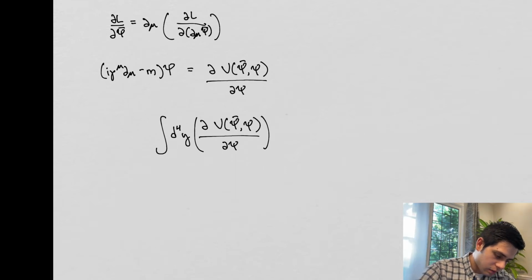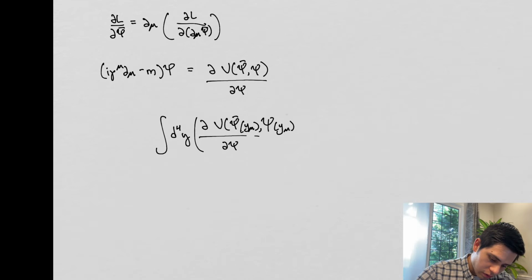And what we actually need to do, just to be a little bit more complete, is we need to say that this is a function of y mu, and this is a function of y mu. And then we have our special functions.